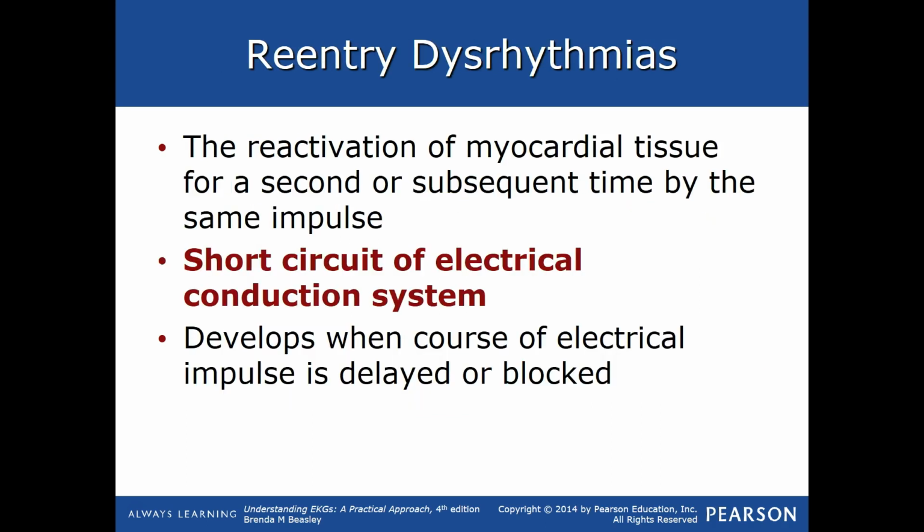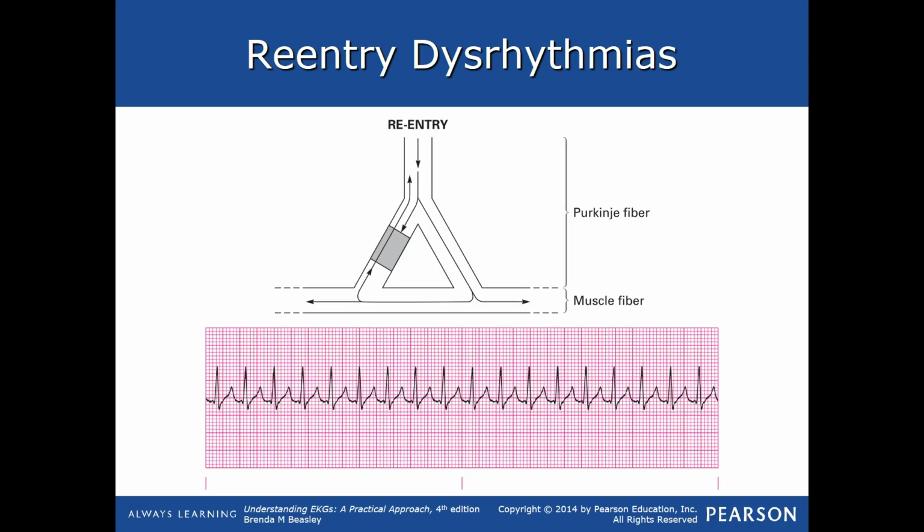Now, reentry dysrhythmias. So these are kind of weird. Reactivation of myocardial tissue for a second or subsequent time by the same impulse. So what we're talking about is, hang on, let me get to my page here. Here we go. This next page has a good picture.